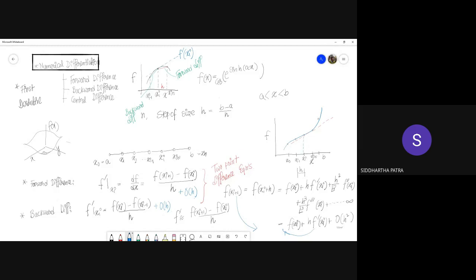Earlier we were talking about the error that you would be getting by taking only these two terms, but that is when you are trying to evaluate f of xi plus 1. When you are trying to evaluate f prime, because you are dividing either side with h, the truncation error is of the order of h. Is it clear up to this part?